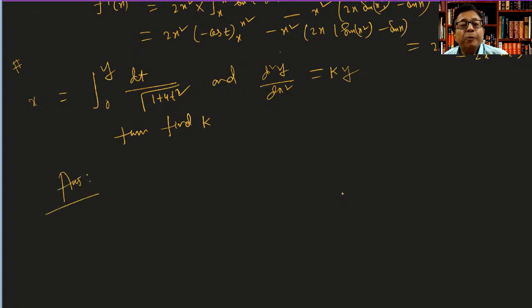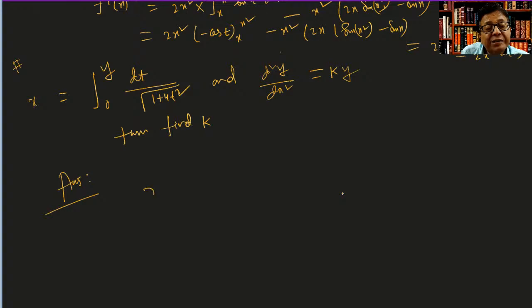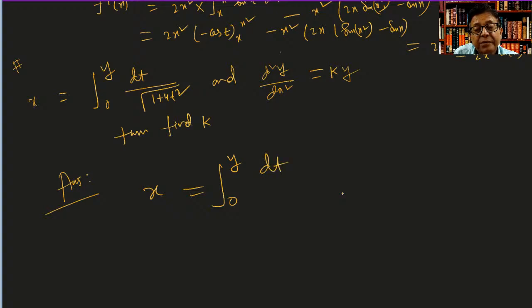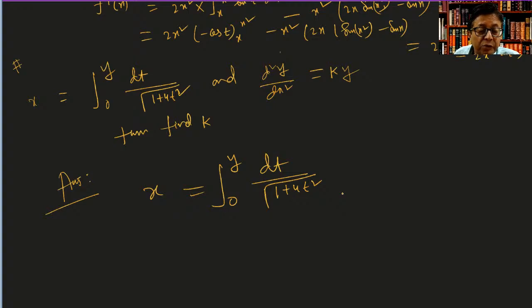So again, for this problem, we have to bring y into the picture. So x is given as integral from 0 to y of dt by under root 1 plus 4t square. See, when you are differentiating, we have no problem with dt. dt can be there. Okay. So, how to find derivative of this thing?